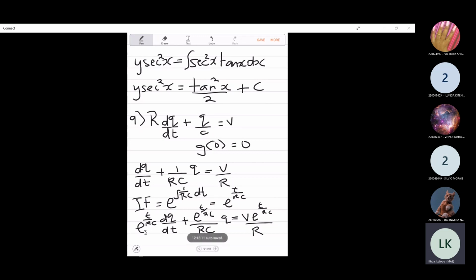And then we look at the left hand side. I have e to the power of t over RC. The derivative is e to the power of t over RC, and then we multiply by the derivative of this, which is 1 over RC. The derivative of Q is dQ/dt, and then we can condense that.